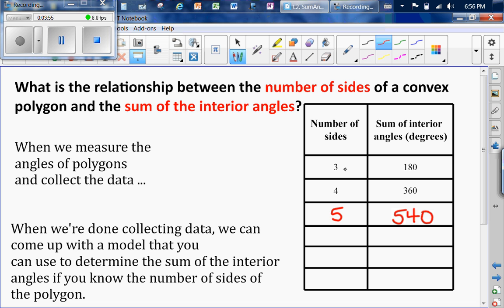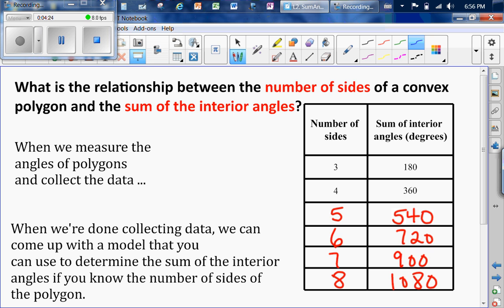A triangle, 3 sides, the sum of the interior angles would be 180. 4 sides, 360. 5 sides, 540. 6 sides, 720. 7 sides would add up to 900. And 8 sides would add up to 1080. That's something we can investigate together later on next week.